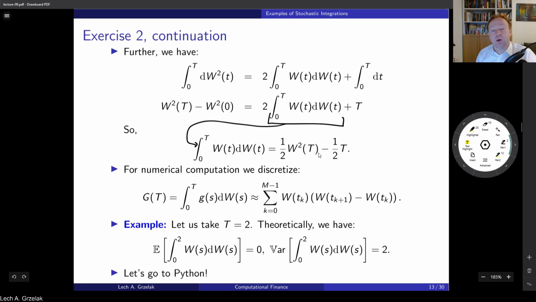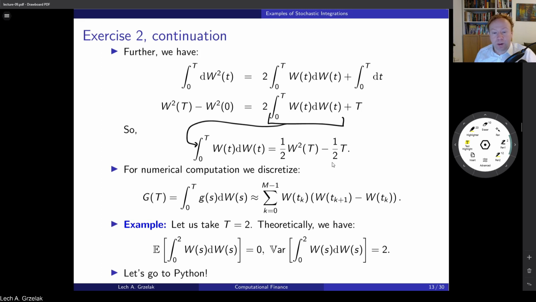We know the solution for this integral: it is half W squared T minus half of T. So this is something to keep in mind, that often application of Ito's lemma allows us to compute those stochastic integrals. Like I mentioned, often you have to have a little bit of experience to think what type of function you have to apply to make it happen.